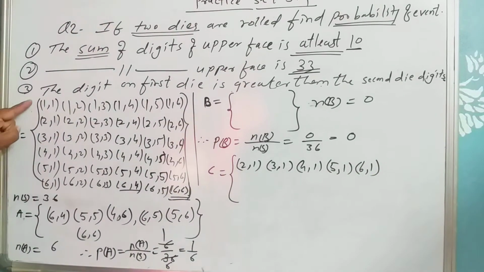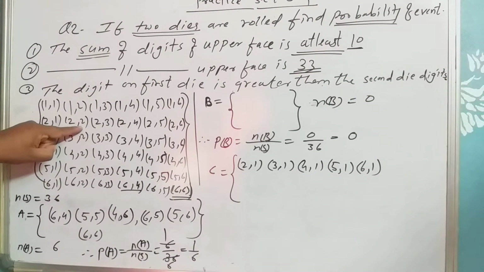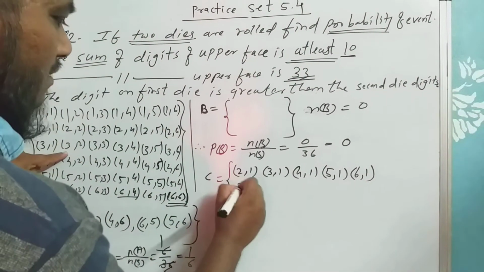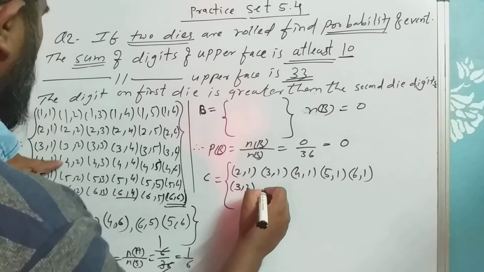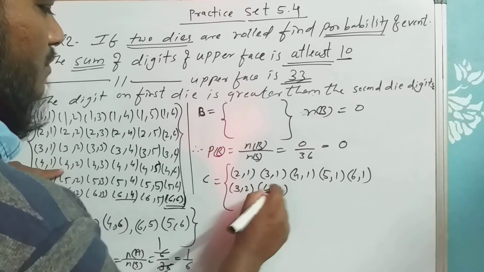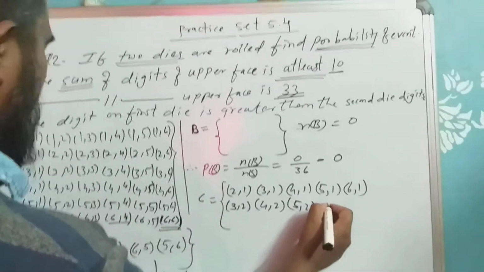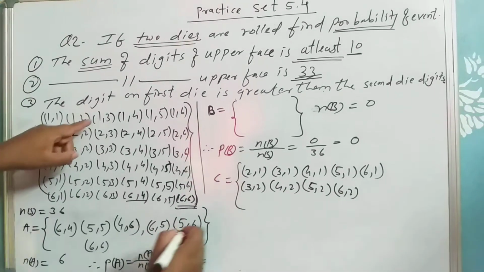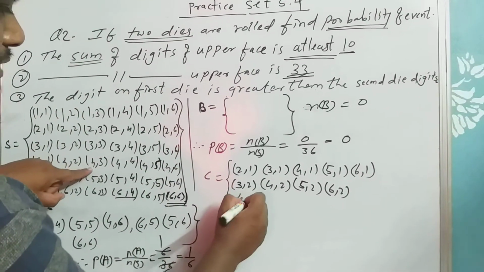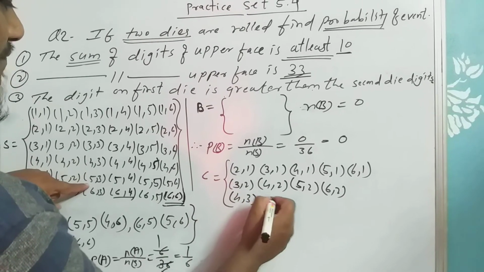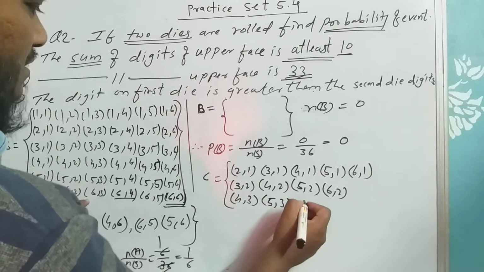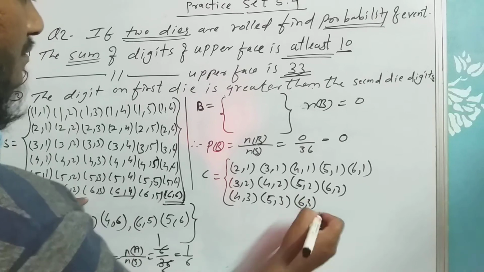Now the first column is finished. 2 2 we don't want. 3 2 will be right, 4 2 because 4 is greater than 2, 5 2, 6 2. Third column: 4 3, 5 3, 6 3. Understand?